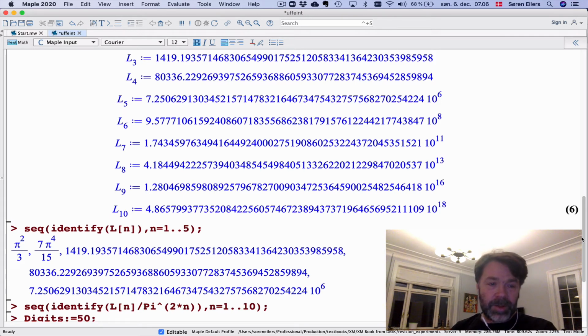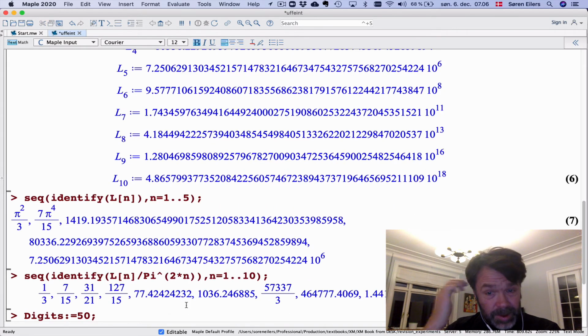So what I'm going to do now is I will work under the assumption that the constants we are looking at are better understood if we think of them as something times pi to the same power as the integrand. So I will just divide through by that power, so that's pi to the 2 times n, and then I'll ask Maple to identify this.